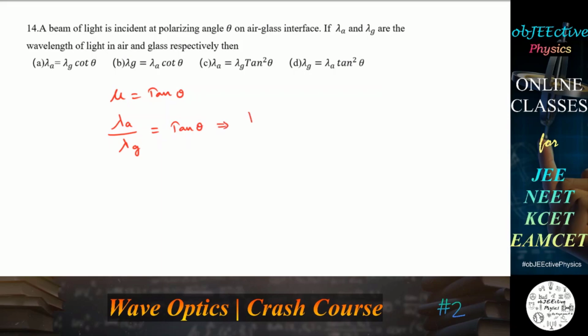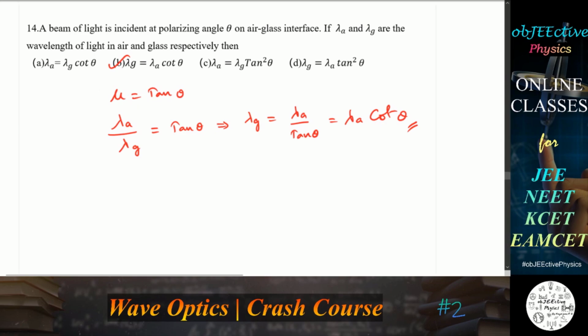That implies lambda g is equal to lambda a divided by tan theta, that is lambda a into cot theta. So, lambda g is equal to lambda a into cot theta, that is option B is the right option.